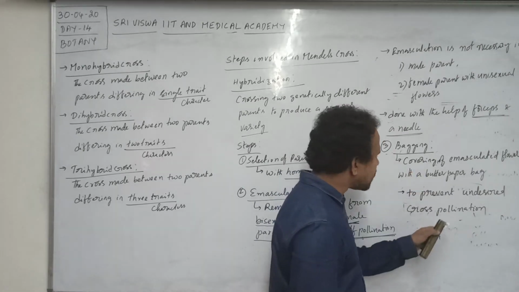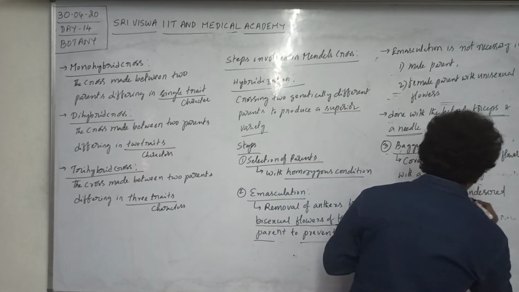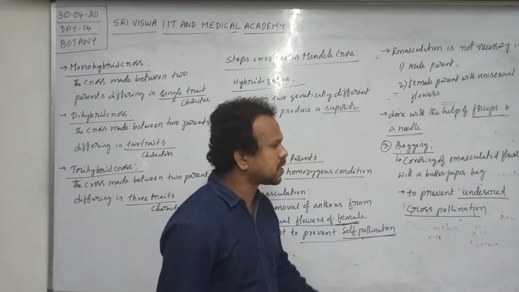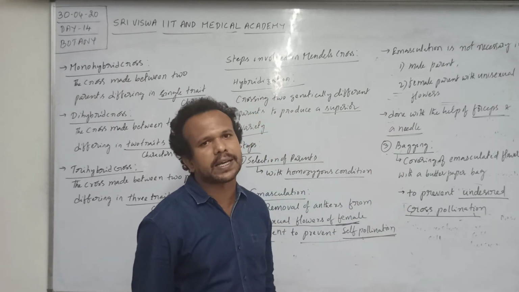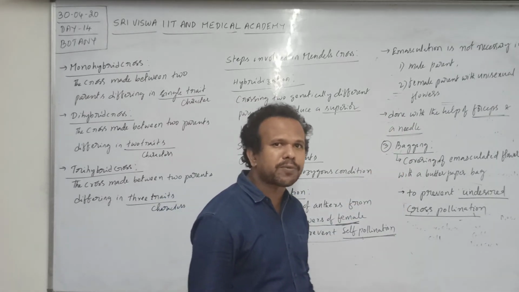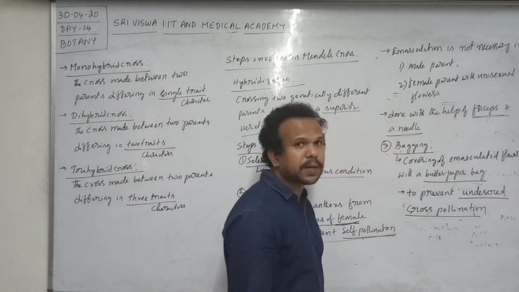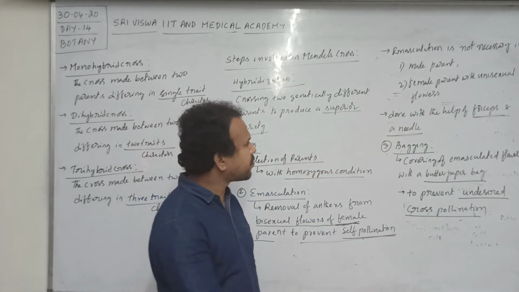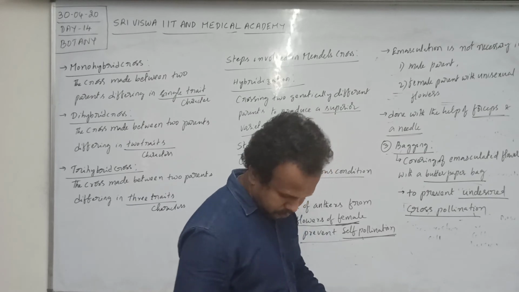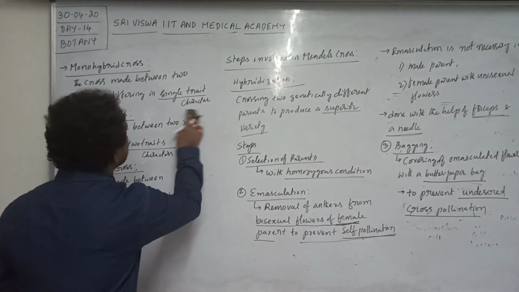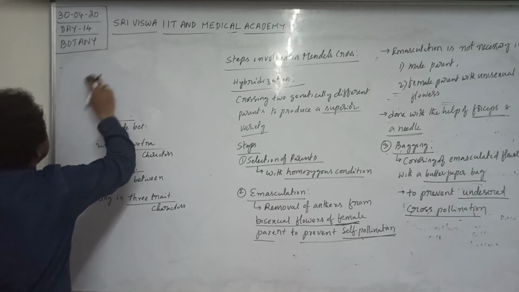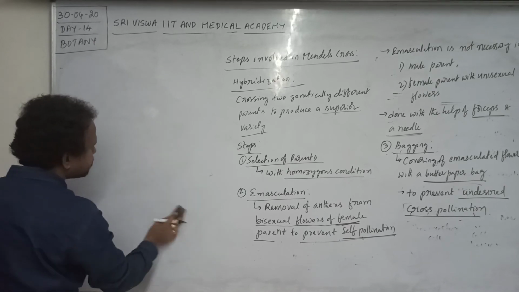Undesired, unwanted cross-pollination can be prevented by bagging. Which type of bag is commonly used in the bagging technique? Butter paper bag.